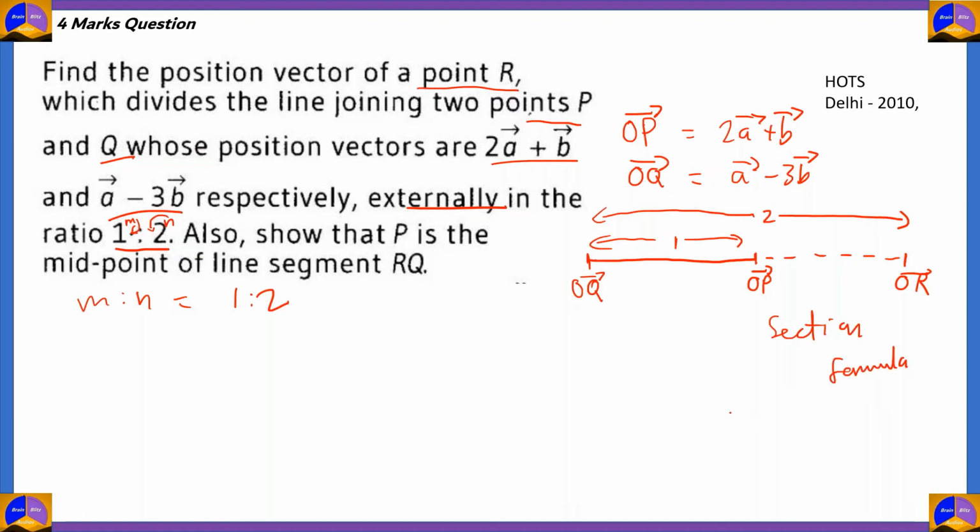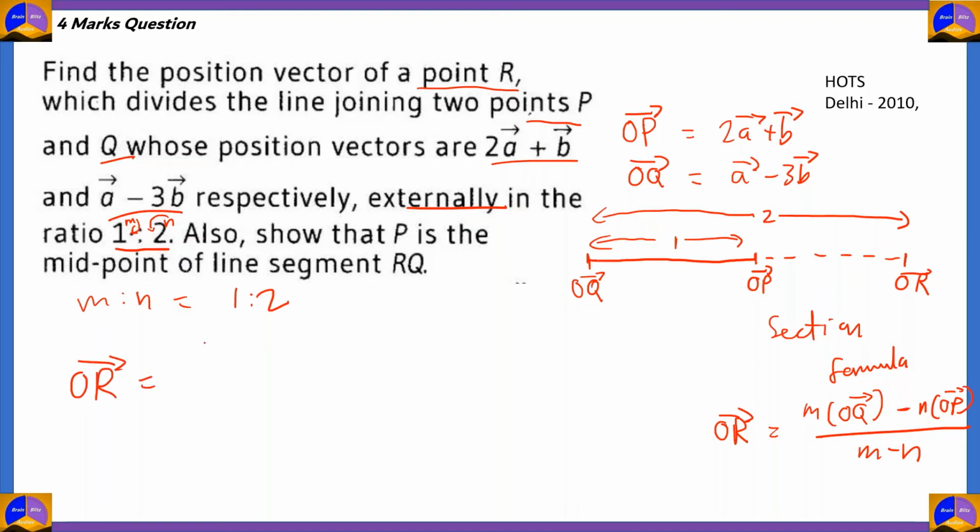The section formula here is: vector OR equals M times vector OQ minus N times vector OP, divided by M minus N. The reason it's minus is because the point dividing the line is outside the line. It's an external point.